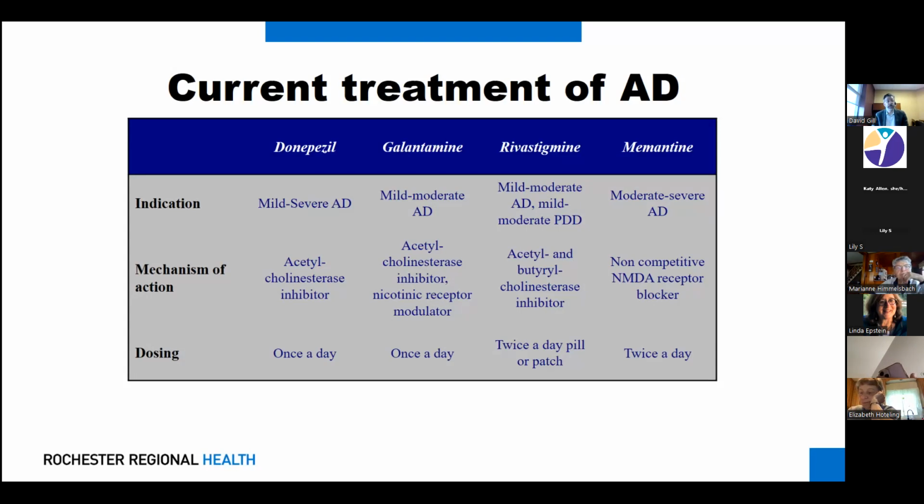If people choose not to take them, it's certainly their right and their opinion to not use it. Because it doesn't slow down the process or prevent Alzheimer's disease, there's no reason we push hard to make sure somebody takes them. And so it's something we discuss with everybody, but not everybody chooses to take one of those. The most common side effect is upset stomach or diarrhea. When it occurs, it can be bad and often limits the use.